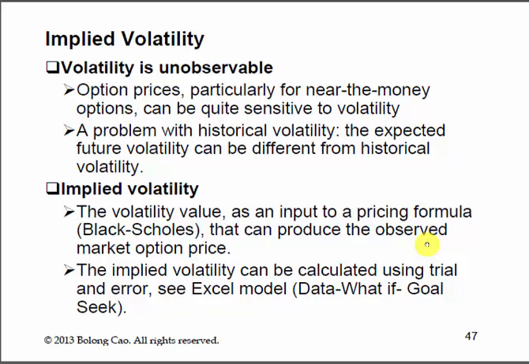However, after all, options are traded in the marketplace, so you can actually observe the option prices. And we know if the option is around at the money, near the money options, they can be quite sensitive to volatility.